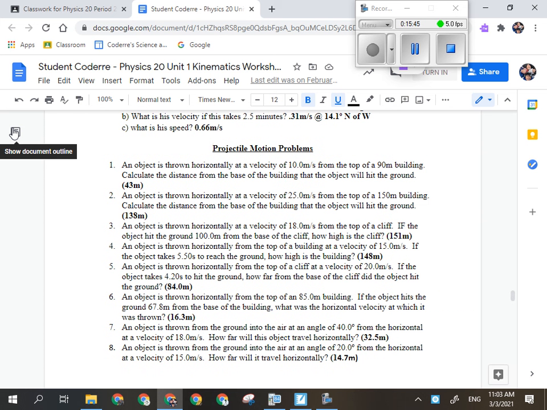Okay, so there are our projectile motion problems. Some of them are going to be horizontal ones. Okay, we haven't done one of those in a couple of days, so you might be a little rusty on those, but the first few are projected horizontally type questions, so you can give those a try, and we'll go through any ones that give us trouble.